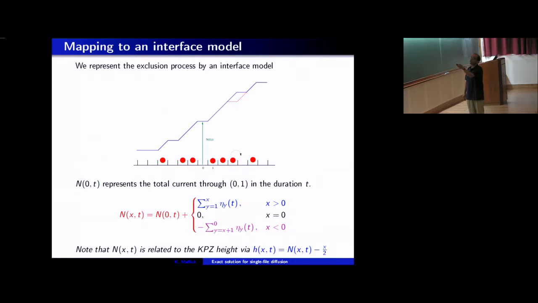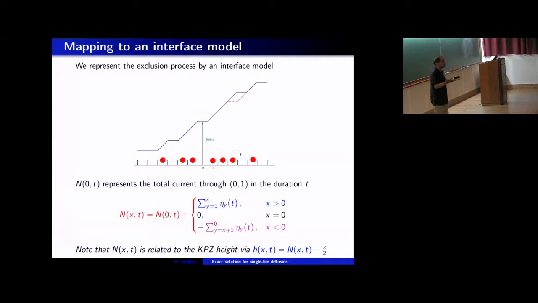The only thing I have to specify is the overall height of this line. And the overall height here, I specify it by counting how many particles jumped through the first box from 0 to 1. So this is the total integrated current from site 0 to site 1, which I call N of t, which gives me the overall height of this interface.